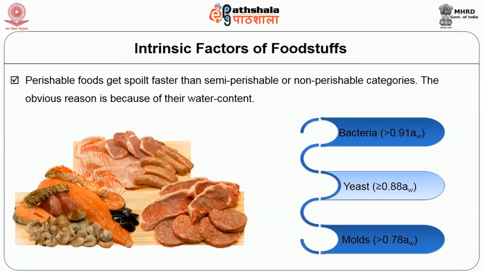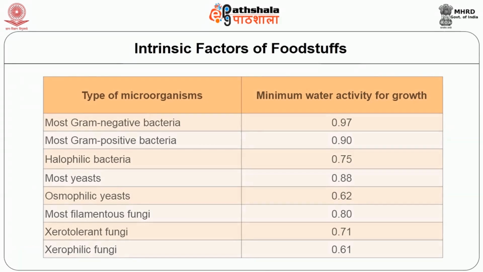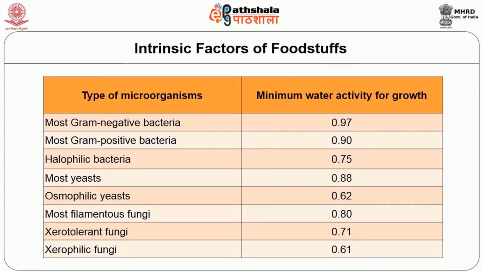The water requirement for survival of bacteria is high, greater than 0.91, whereas yeast and molds require lower water. Hence, by reducing the water activity of foods, the growth of microbes can be reduced. The given table shows the minimum water activity requirement for the growth of bacteria, yeast and molds.